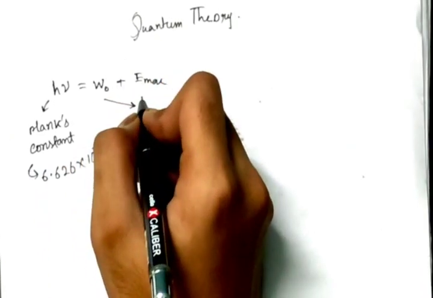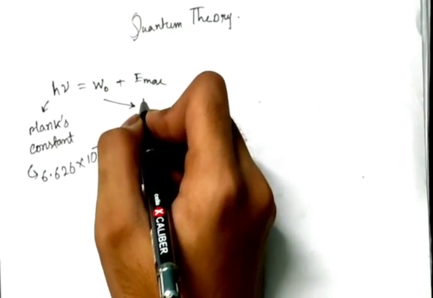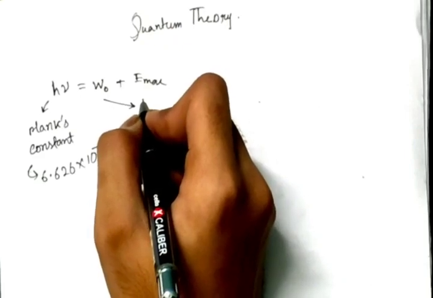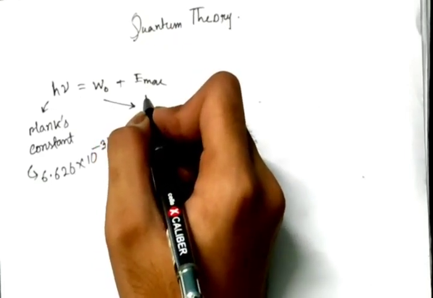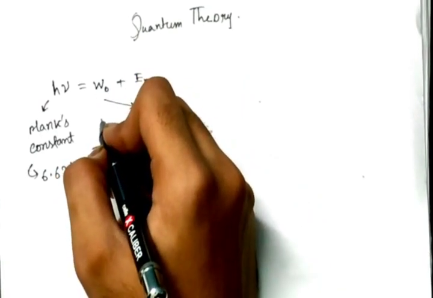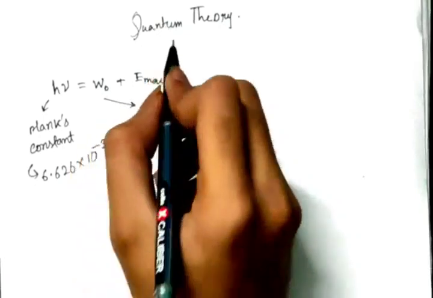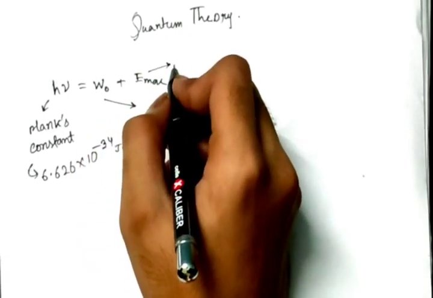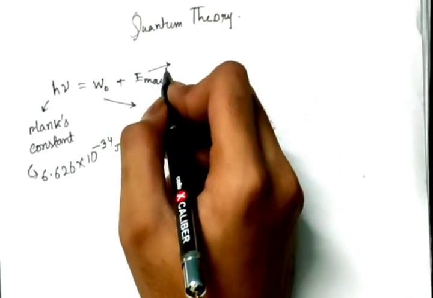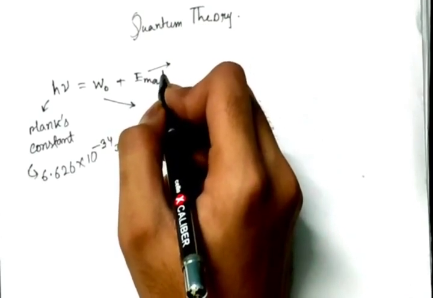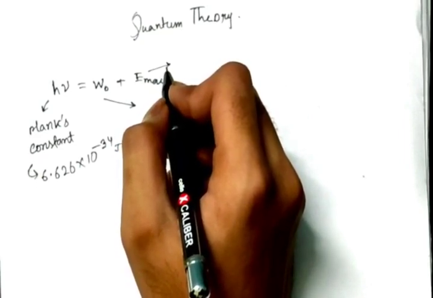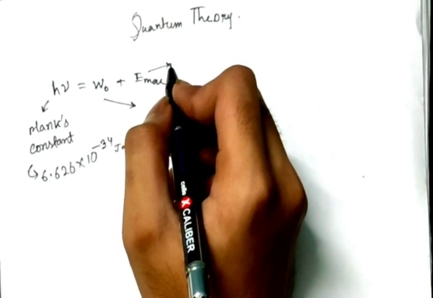If we say what's the minimum energy needed to start the photoelectric effect, this is denoted with omega naught. And this is the E max, that means the maximum kinetic energy of the electron that is coming out from a metal which shows the photoelectric effect.